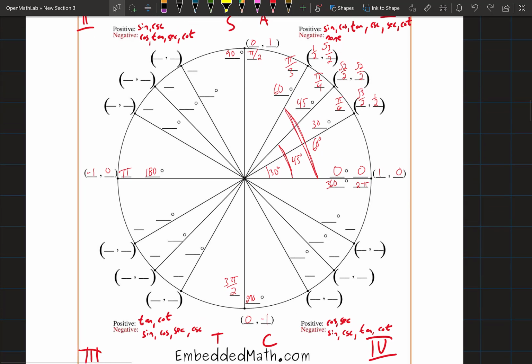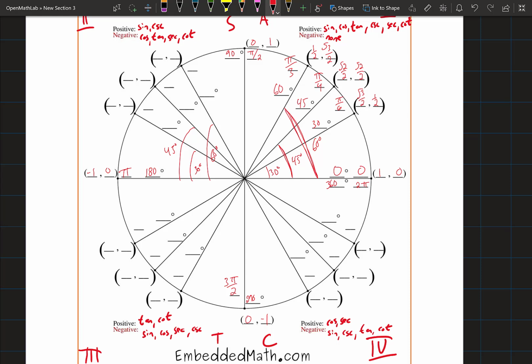So now it's just a matter of filling in the other degrees. In the second quadrant, this is going to be 30 degrees, the reference angle. This guy is going to be 45 degrees. And then from here to here, that's going to be 60 degrees. Just doing some basic subtraction, we could figure out all of these degrees.